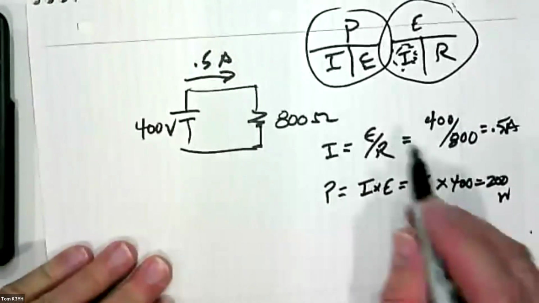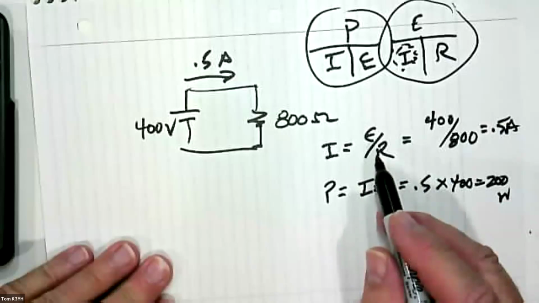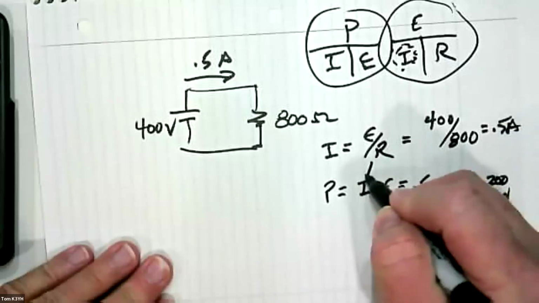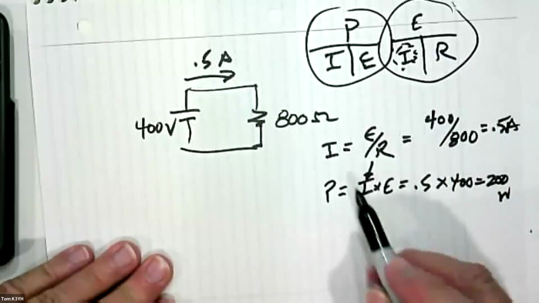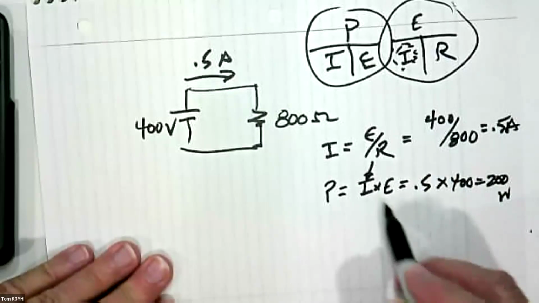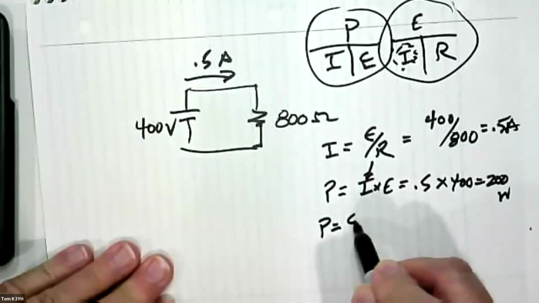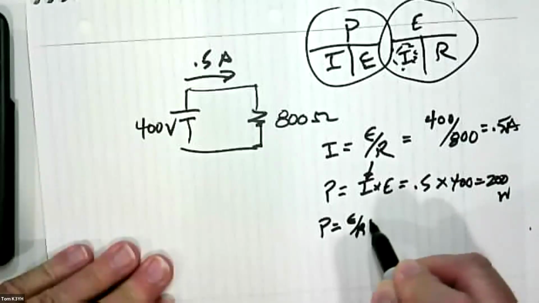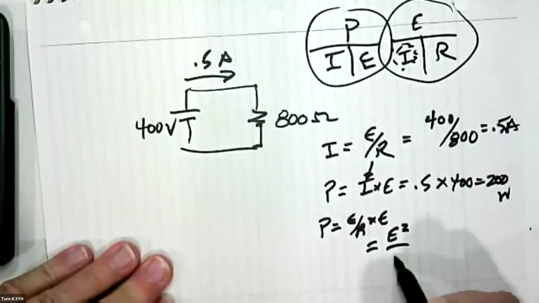The algebra says that I can substitute E over R for I. So the equation becomes P equals E over R times E, which is E squared over R.